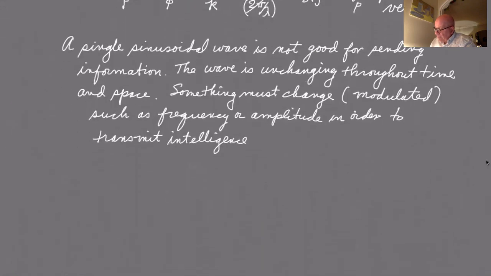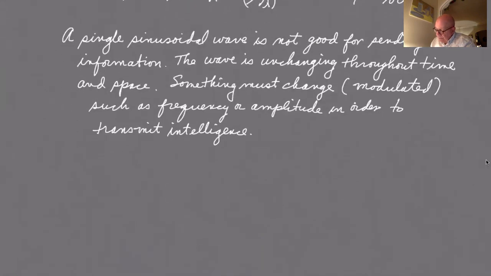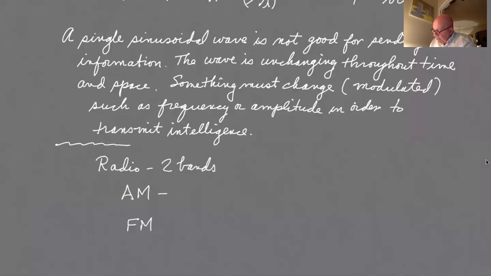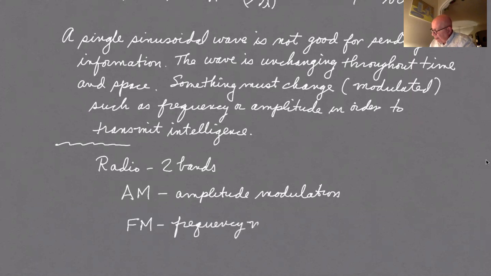And if you think about radio, right? So just as an aside here, if you think about radio, typical radio has two bands, right? It has an AM band and it has an FM band. And that AM band, the AM stands for amplitude modulation. And the FM band stands for frequency modulation.